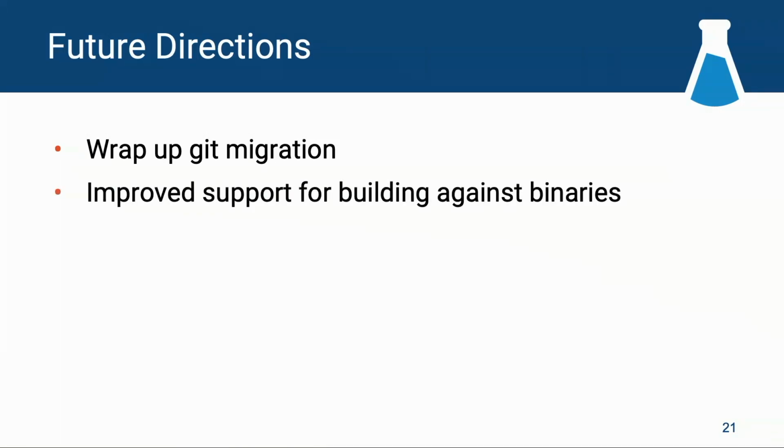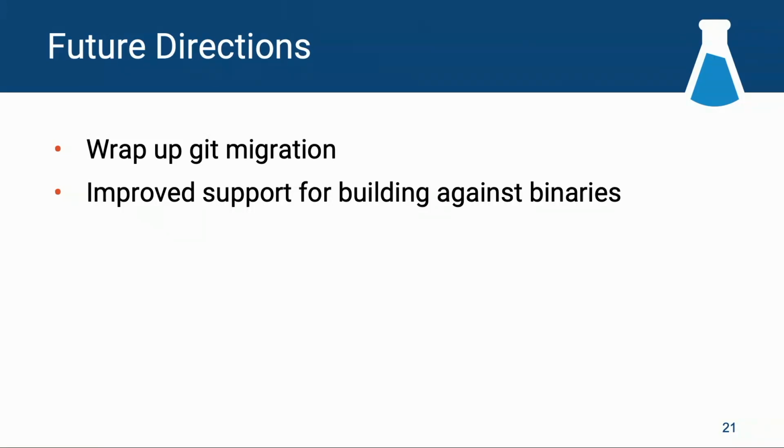We also want to have better support for building against binaries or not building against source. I was talking to Anthony about this earlier. They are running into this, but if you're an external developer and you're developing your own module, you typically want to only have the source code of your own module, and you want to compile against a library of binaries.